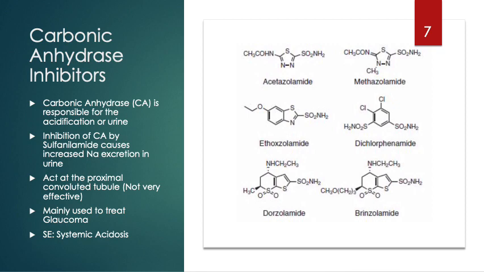The risk benefit for this drug is really not worth it to be used to treat hypertension. The drugs are currently being used to treat glaucoma, but not really used to treat hypertension. So then this leads us to the next category of drug that we're going to take a look at here, which are the thiazide diuretics and the thiazide-like types of diuretics.